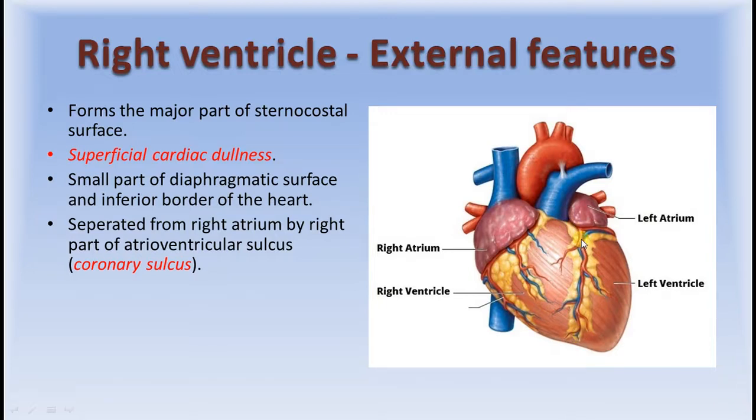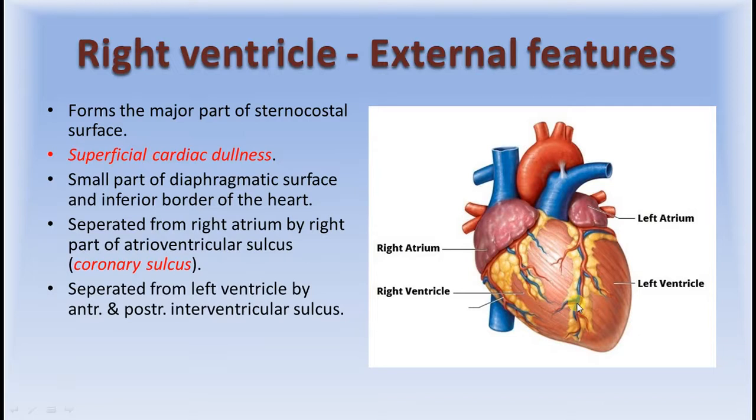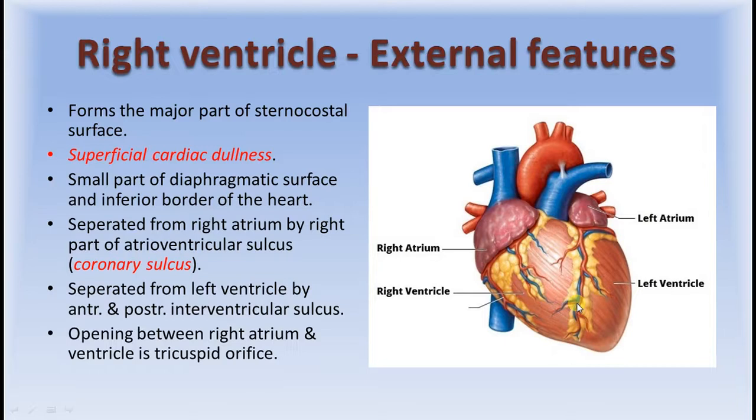Besides the anterior interventricular sulcus, we also have a posterior interventricular sulcus. These two separate the right and the left ventricle externally. The anterior interventricular sulcus lodges the anterior interventricular branch of the left coronary artery. Posteriorly you have the posterior interventricular branch of the right coronary artery.